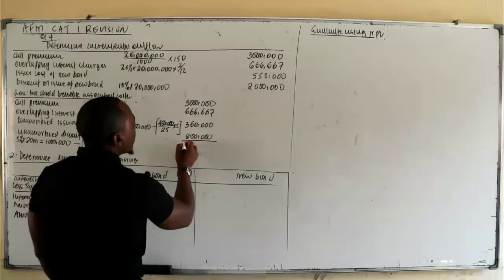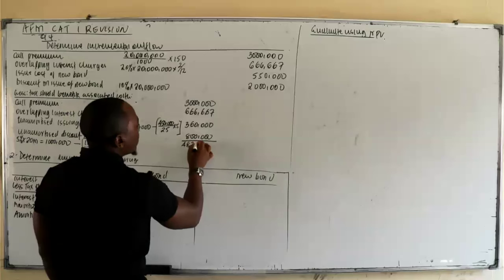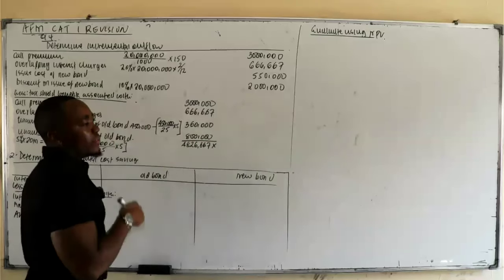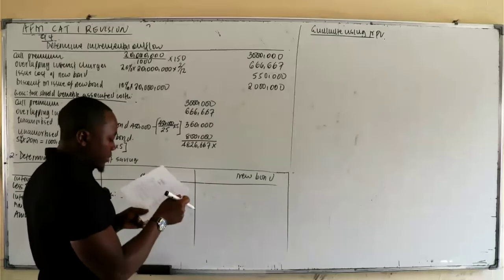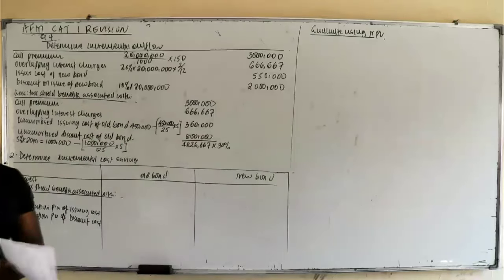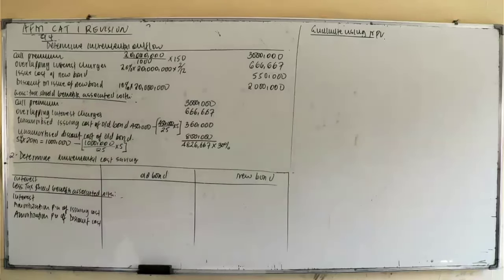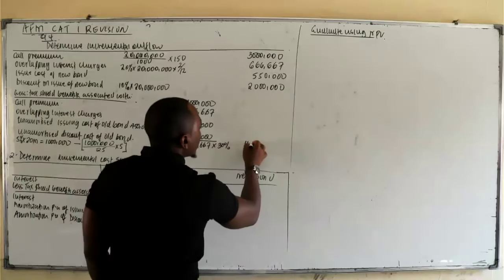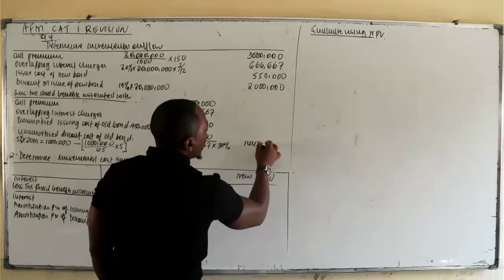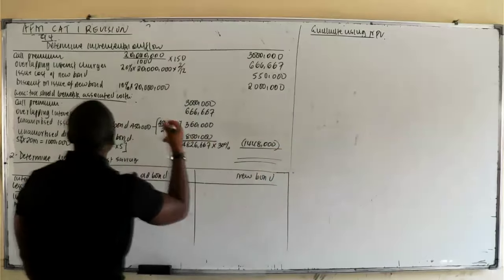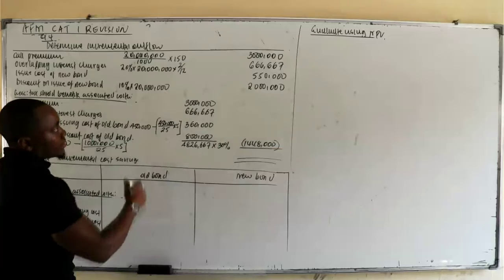Sorry? 4,826,667. Then what we need is the tax shield benefit. How much was the tax rate? Give me 30% of that, so that we get the tax savings. Sorry? 1,448,000. Then you deduct. Remember, it was a tax saving, so therefore it minimizes our cost.